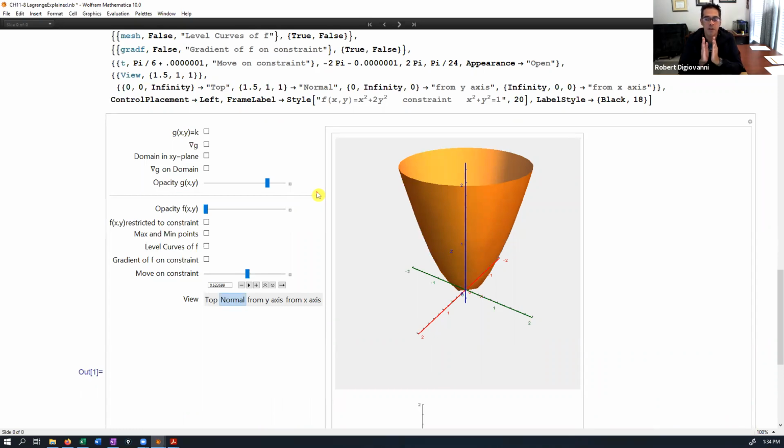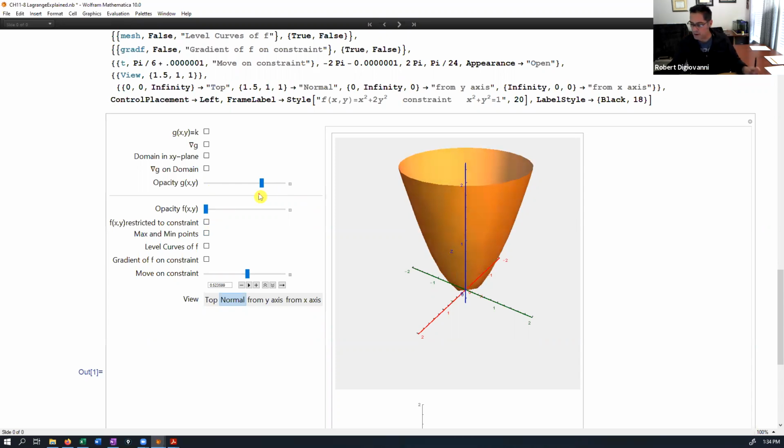Remember, Lagrange says that if we can find an x, a y, and a lambda where the gradient vectors of f and the constraint g are parallel, that's where we have maxes and mins. What we're looking at right now is the constraint function.